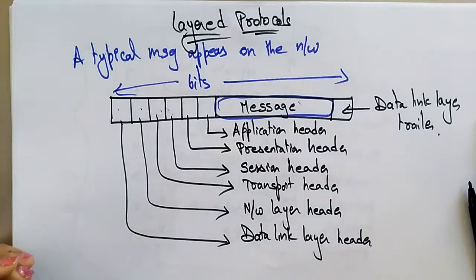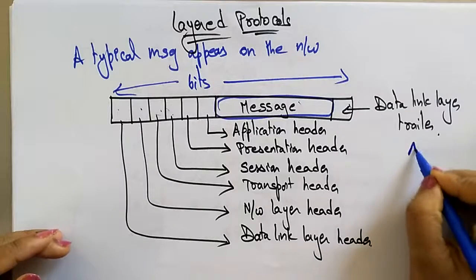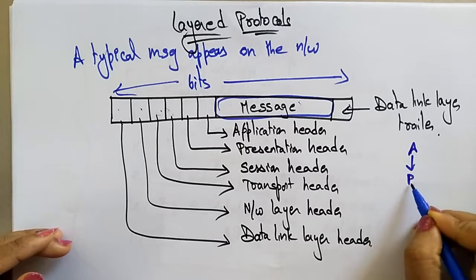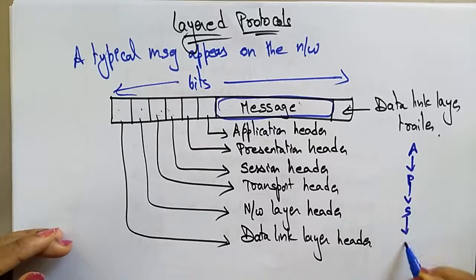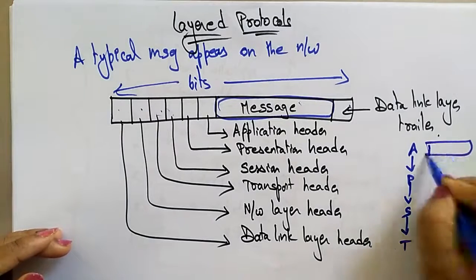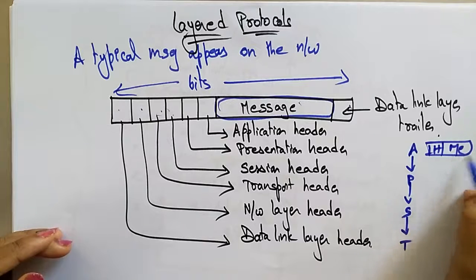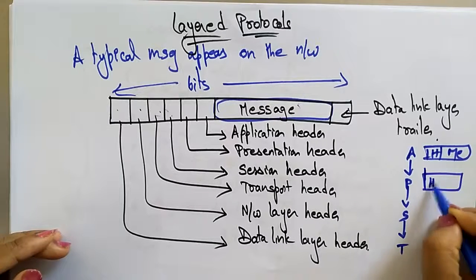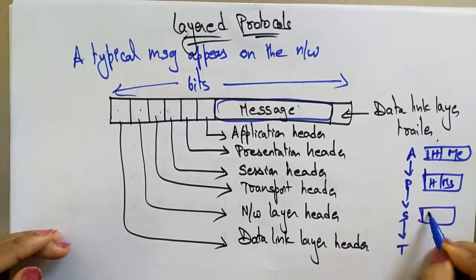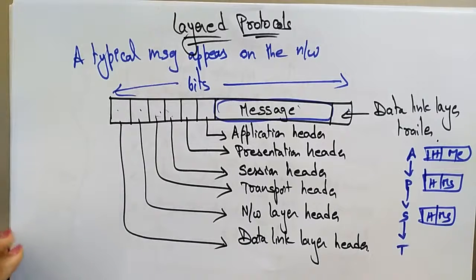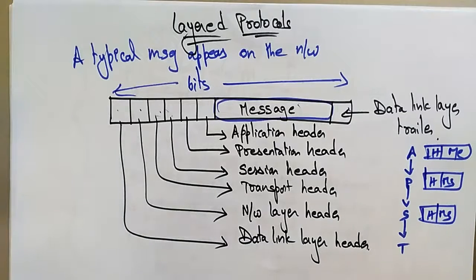Whatever message is transferred from application to presentation to session to transport includes the header and the message, like that. So this is a typical message that appears on the network.